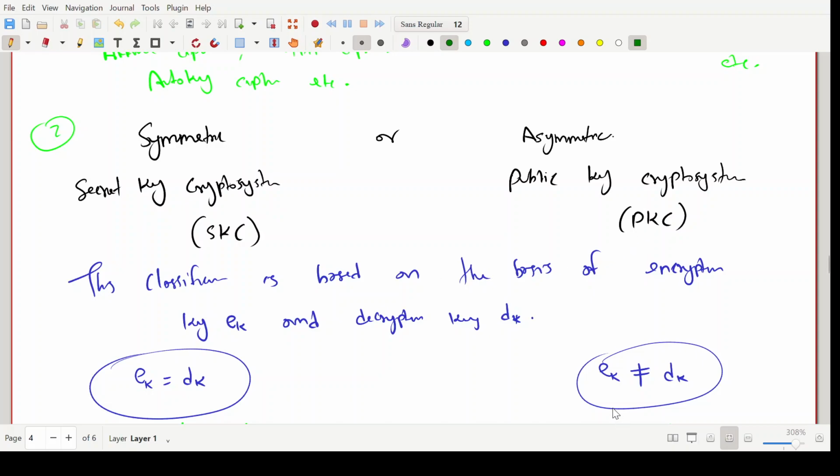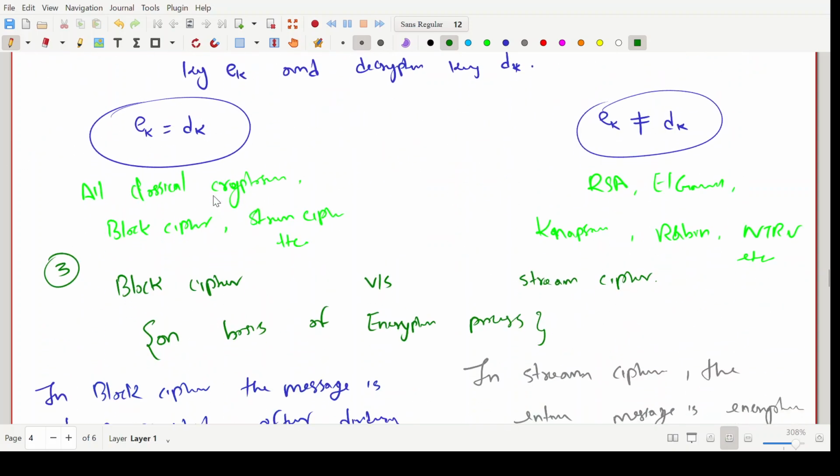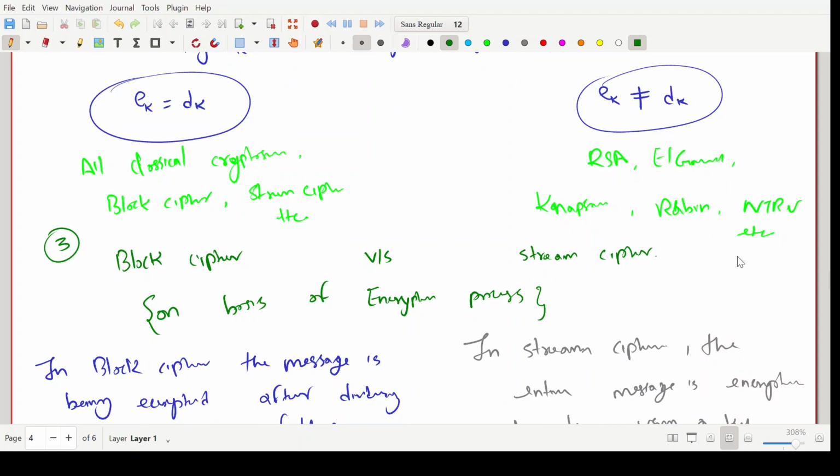And if for encrypting and for decrypting you are having different keys, then this is called public key crypto system. We call it PKC also. These are some examples. All classical crypto systems are symmetric key ones, and block cipher, stream cipher are some more examples. And RSA, ElGamal, Rabin, these are your public key crypto systems.